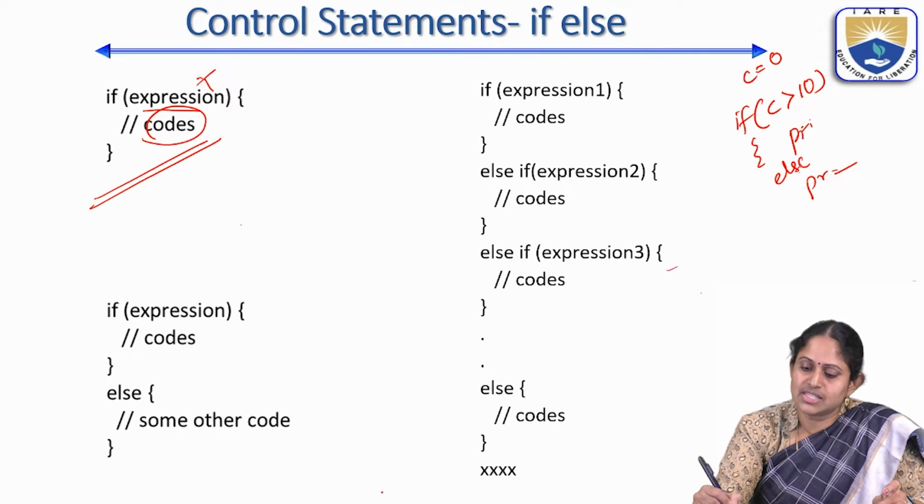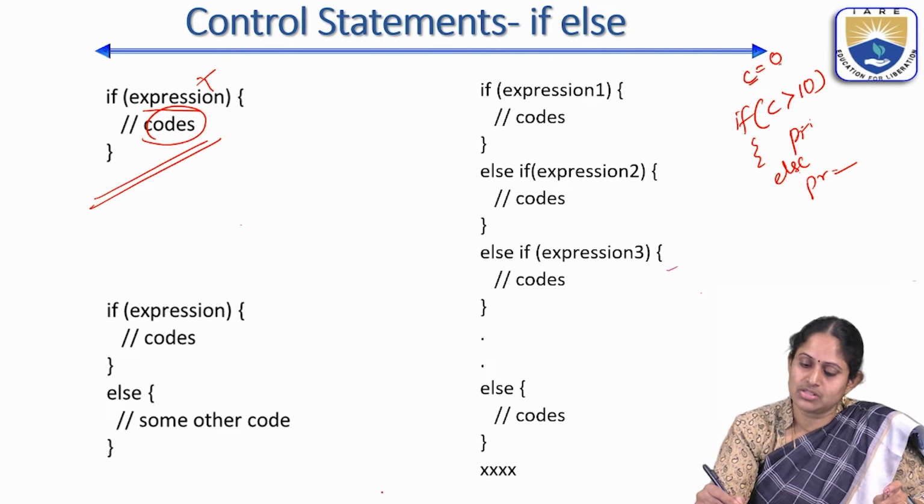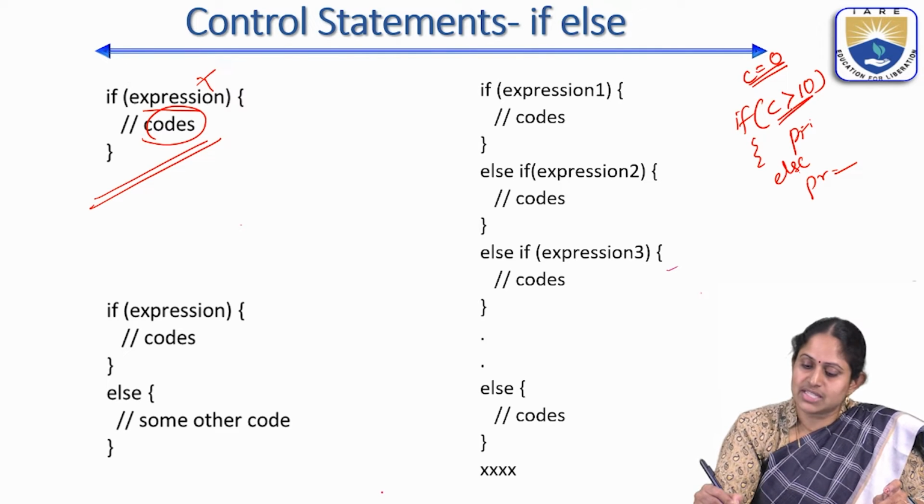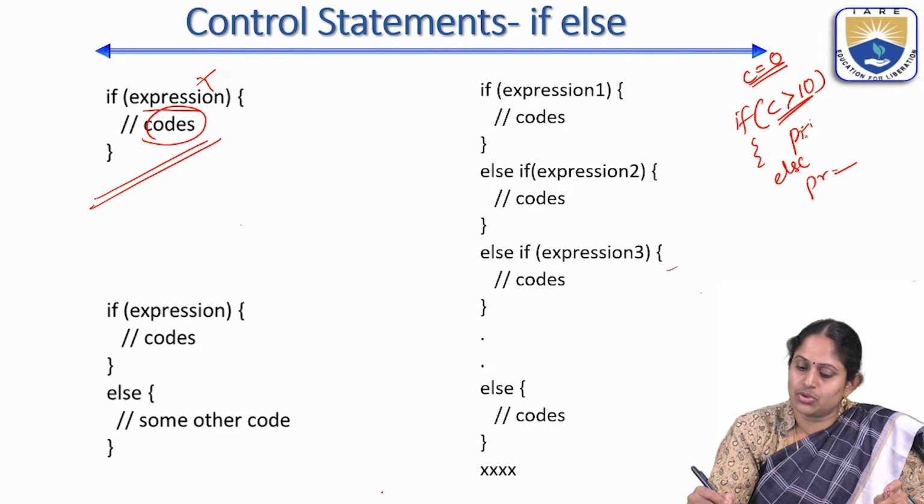Initially our C was 0, so it will check this condition. If this condition comes out true, it will execute this part. Else, if the condition was false, it will come to this part.